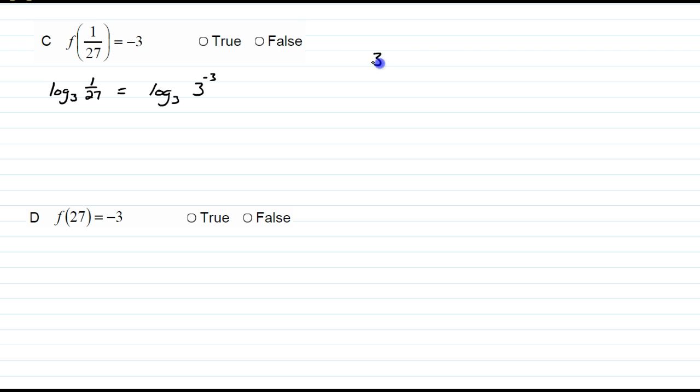So just to review, when I have a negative exponent, it's going to flip it, and 3 to the 3rd is 27. And so these two things are the same. And so once again, I have the same base. And so my output would be -3.